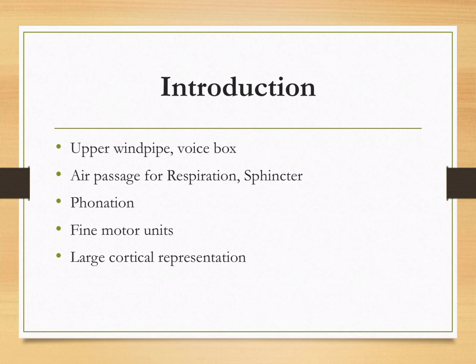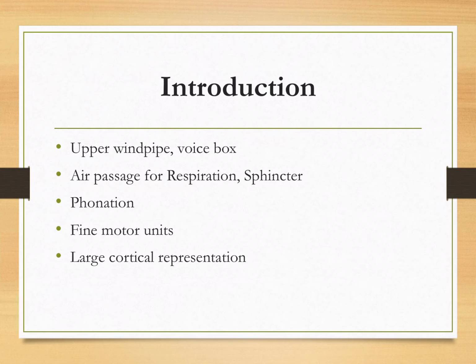Next is fine motor units. Now, this is more of a muscle physiology concept, but you just need to understand that if there is one alpha motor neuron and its axon terminals are distributed over a vast area, then that's called a large motor unit. On the other hand, if it is distributed over a very small area of muscle fibers or myocytes, then that is known as a fine motor unit. So the finer the motor unit, the more precise is its action.